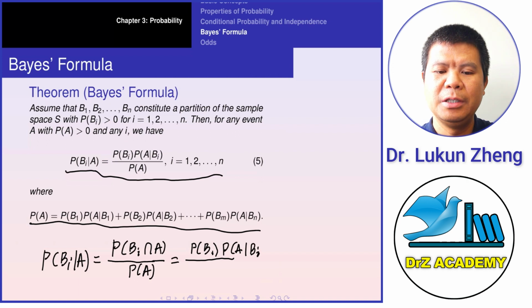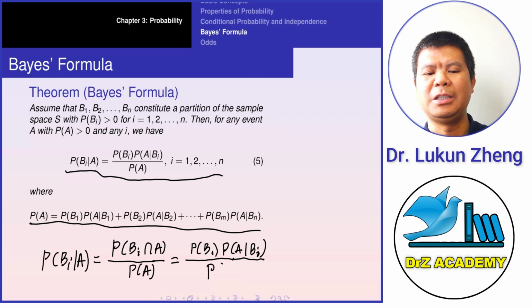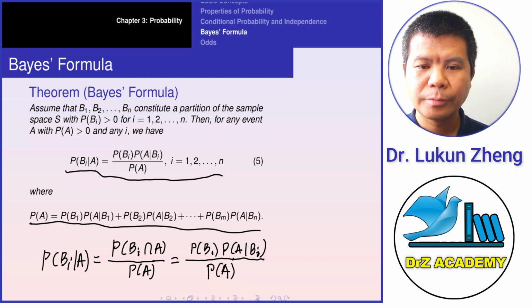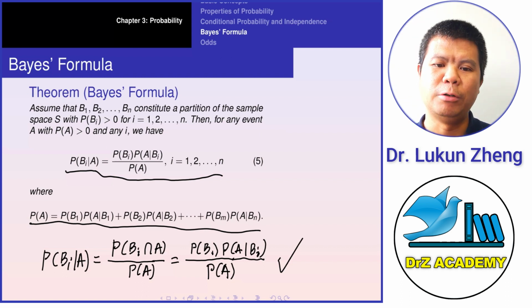That's the product rule. And on the bottom, you can use the law of total probability. So you can put that there. So therefore, it's good. All right, that's the Bayes formula.